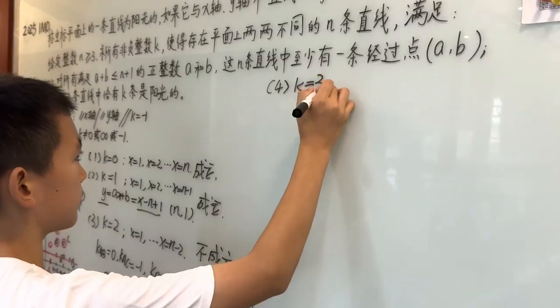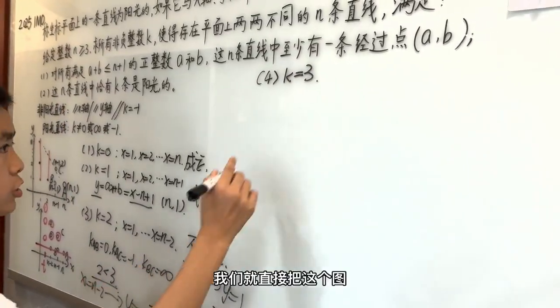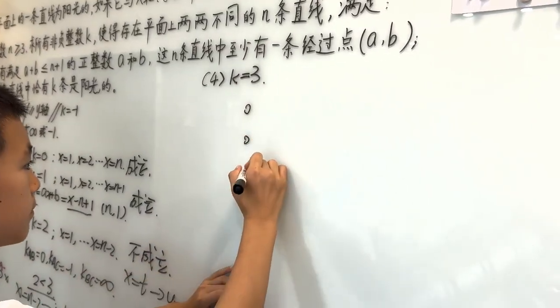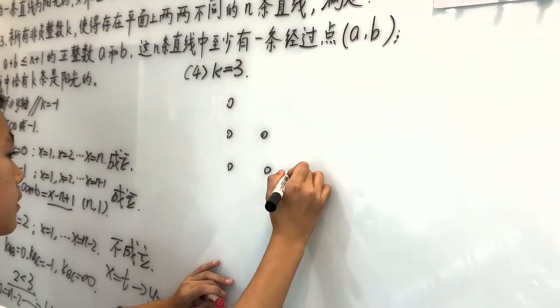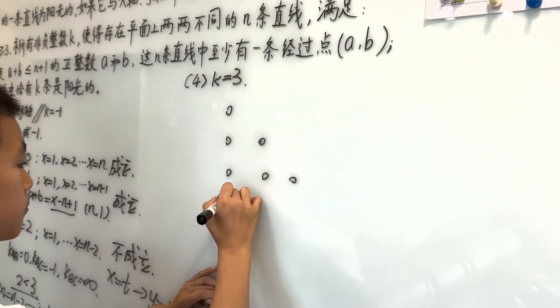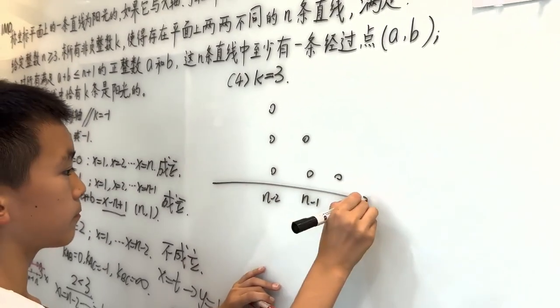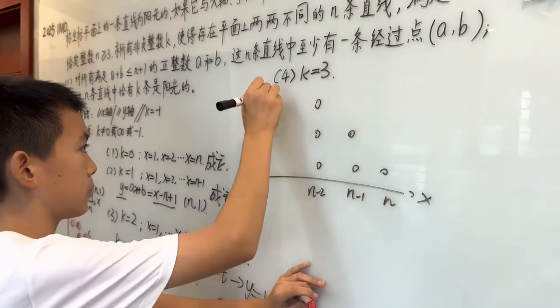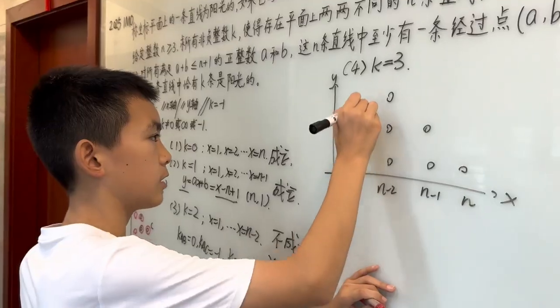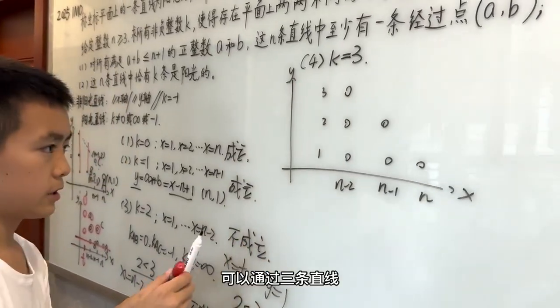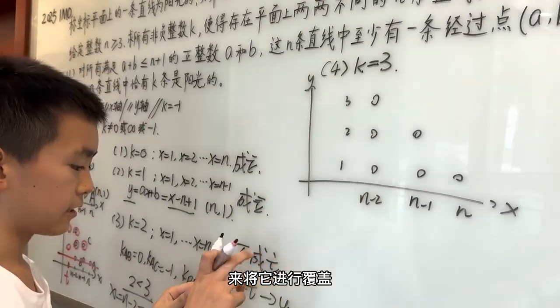If k is equal to 3, we will directly draw this graph for it. At this time, we push. It can be covered by 3 straight lines.